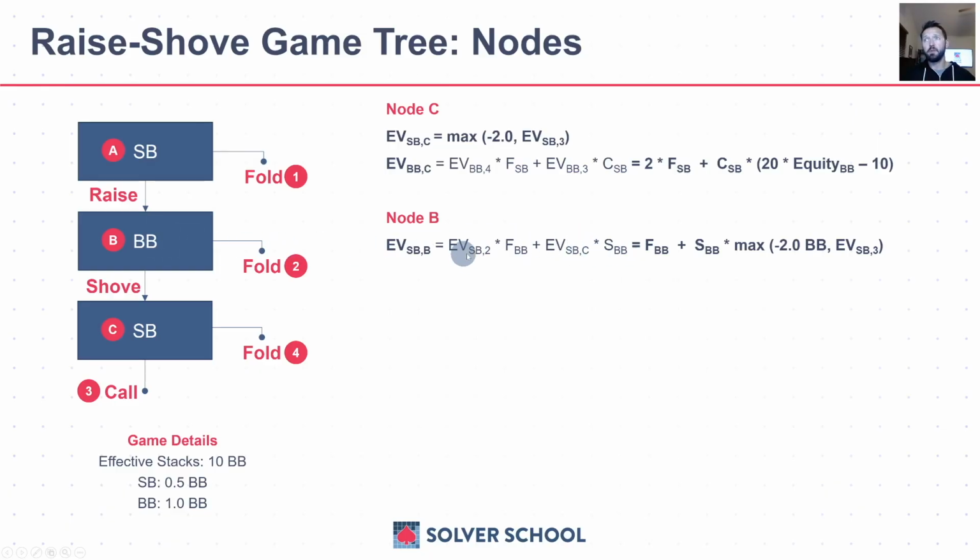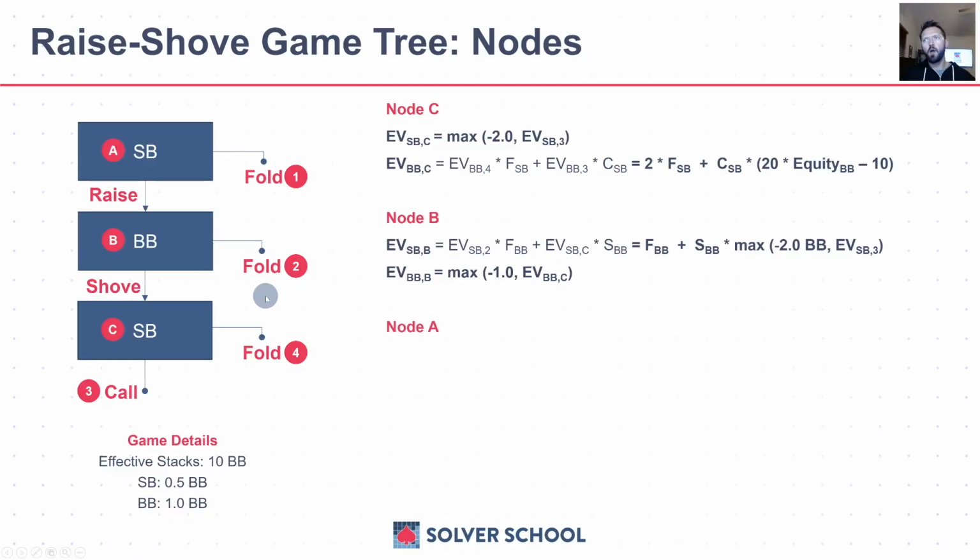So we can simplify the EV at 0.2 here down to 1, and we get the frequency at which the big blind folds plus the frequency at which the big blind shoves times this value here, the EV of the small blind at point C, which we've plugged into this part of the equation. And the big blind is making a decision here: does the big blind take the maximum value of the big blind EV at point C, which we have up here, or -1 by folding.